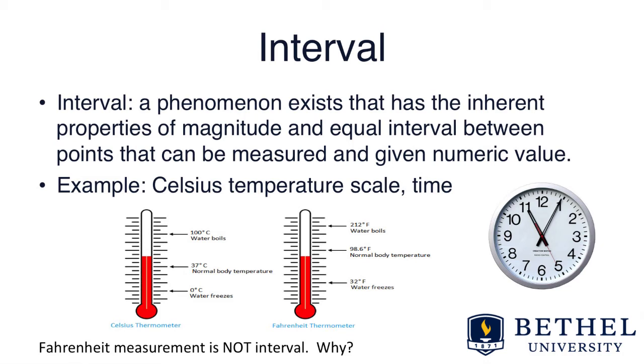Examples of this are a Celsius temperature scale. A Celsius temperature scale has been scaled so that the idea of water freezing, which is an actual physical property, happens at a point that's been called 0. And when water boils, that point has been called 100.